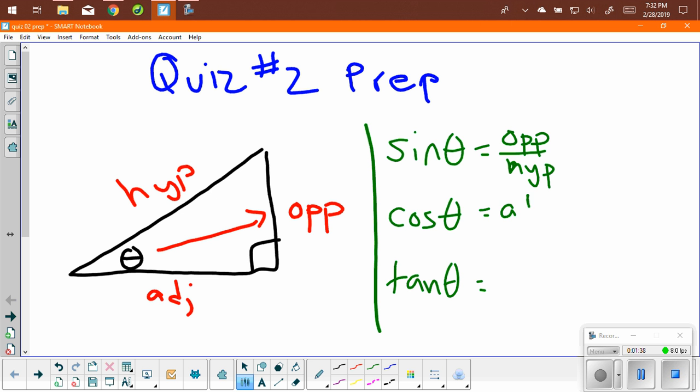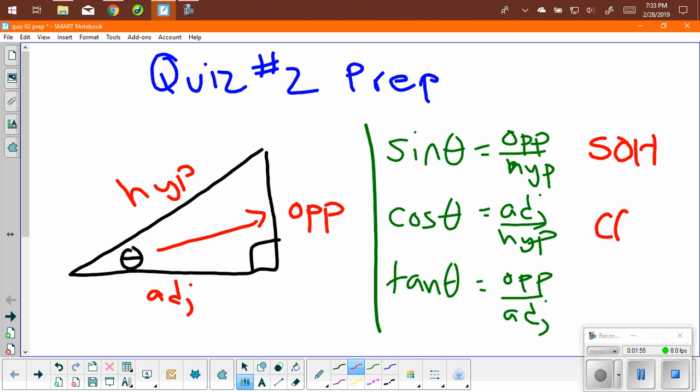Cosine is adjacent over hypotenuse. And tangent is opposite over adjacent. Again, a little mnemonic that can help with that is SOH CAH TOA, to help you remember which is which.